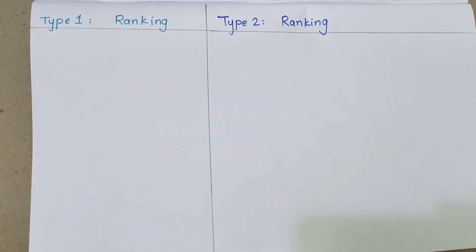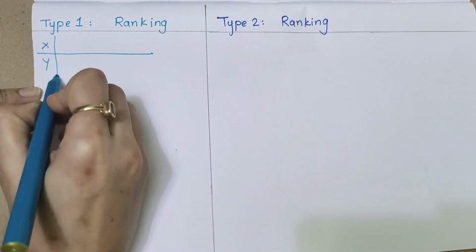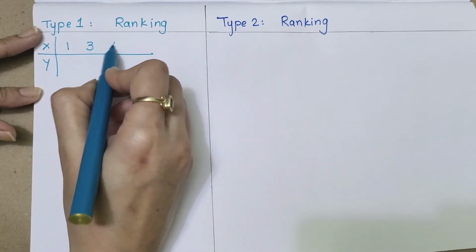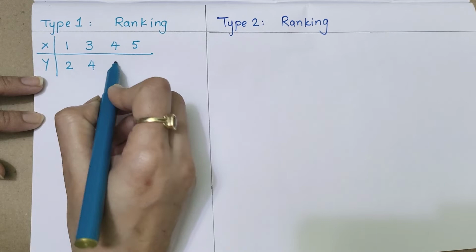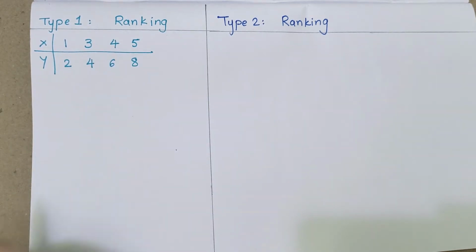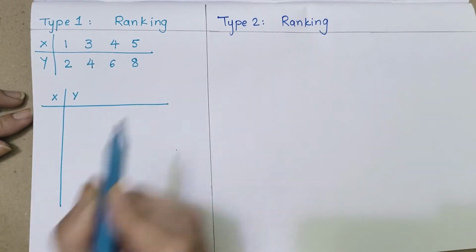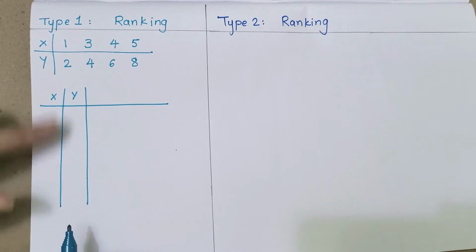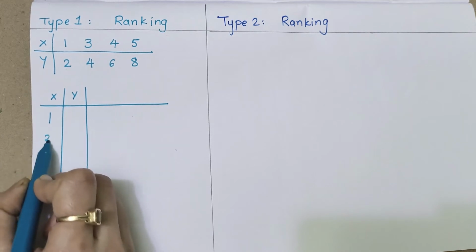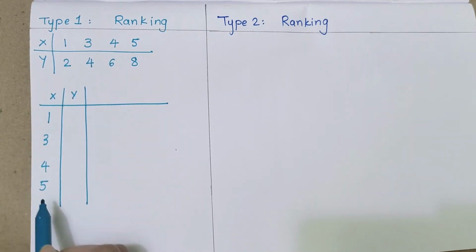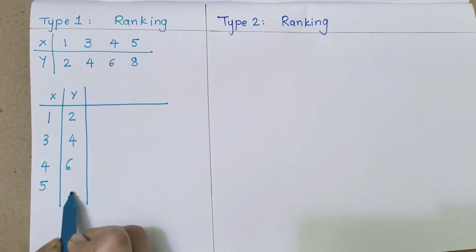In the case of type 1, the ranking goes like this. Suppose we have an example x and y. We have x as 1, 3, 4, 5 and y as 2, 4, 6, 8. Now the ranking goes like this. First we order them in this fashion, x and y, and I will write 1, 3, 4, 5 here. These are the values of x, and y is 2, 4, 6, 8.